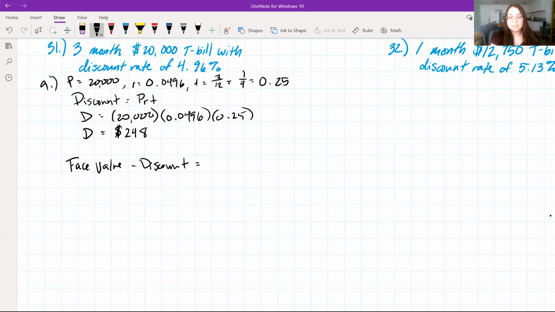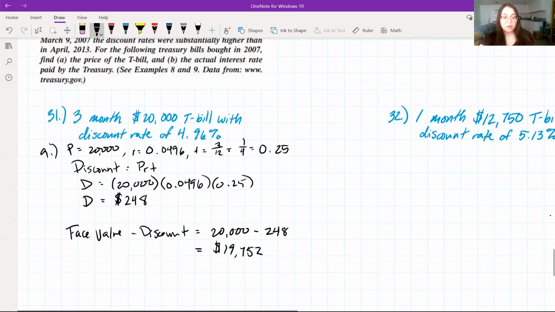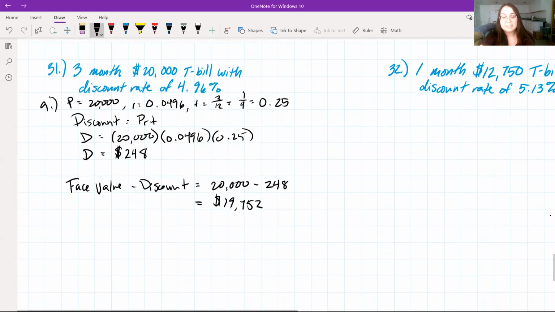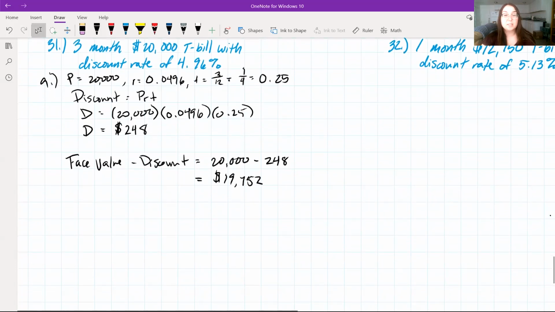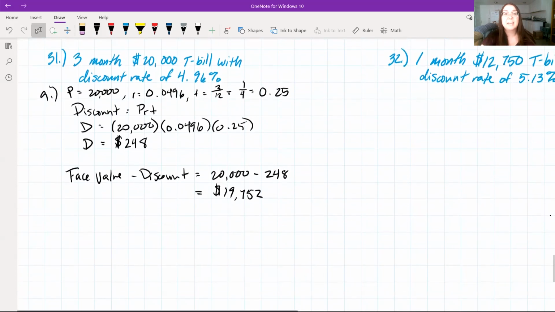Our face value in this case is $20,000, and we're going to subtract our discount, which is 248. That is going to give us $19,752. So the price of the actual T-bill is $19,752 since we got that simple interest taken off, or we got that discount.